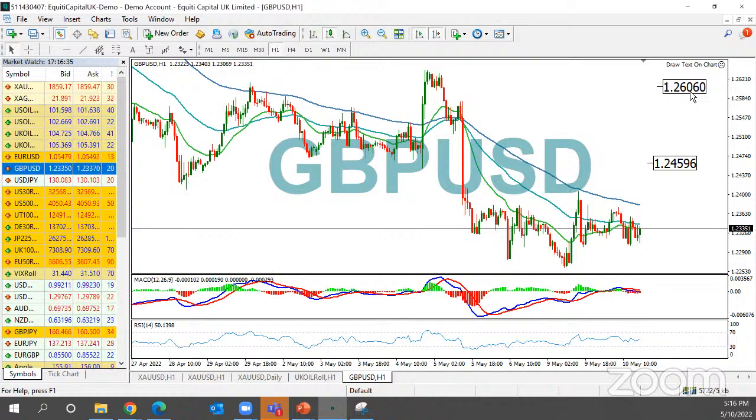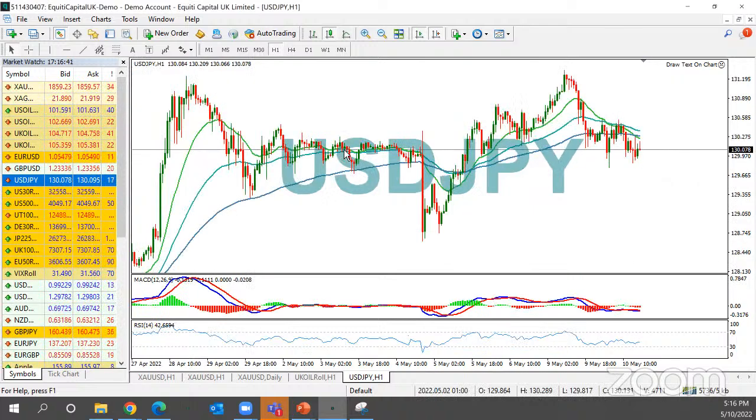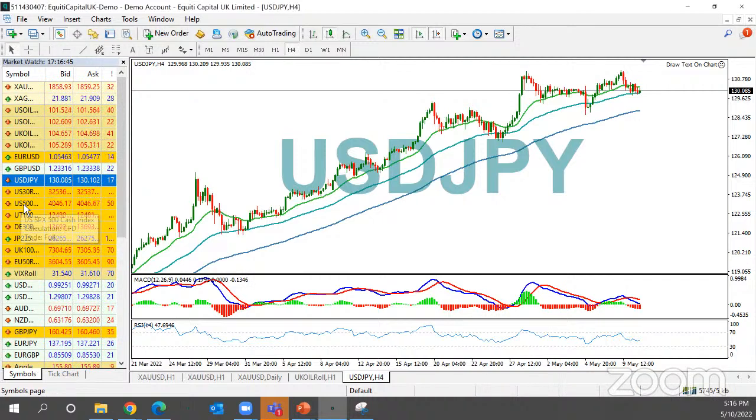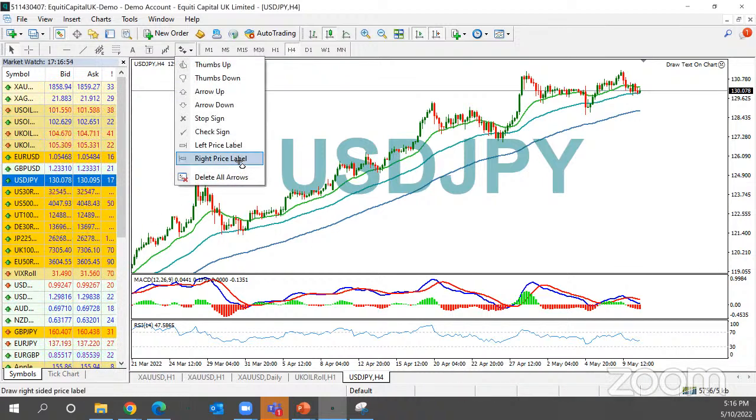Talking about the dollar yen, continuing with the dollar yen. If you look at the dollar yen in particular, you can see that it is still below the latest highs of 131.24. So let me mark the highest level that happened for the dollar yen.